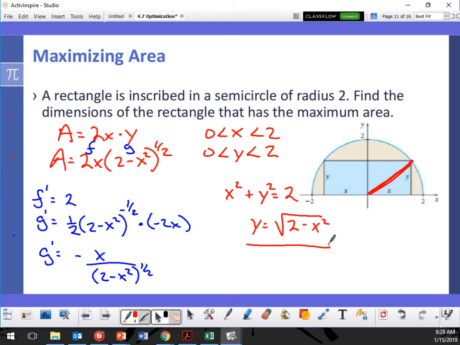Y equals 1. So what is the whole area I'm going to get here? If that's 1, that's 1, that's 1, that means this right here is going to end up becoming what? It's going to be 2 times 1. So the maximum area is going to be 2 units squared.